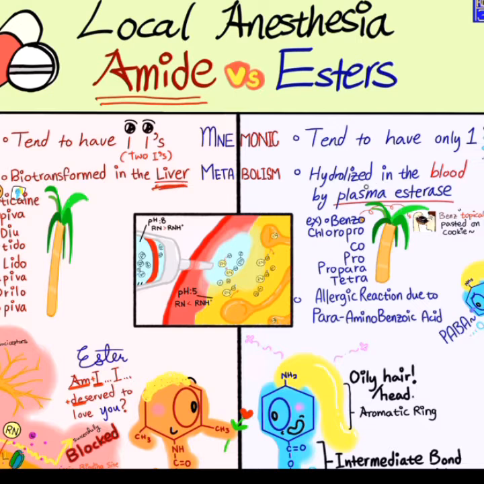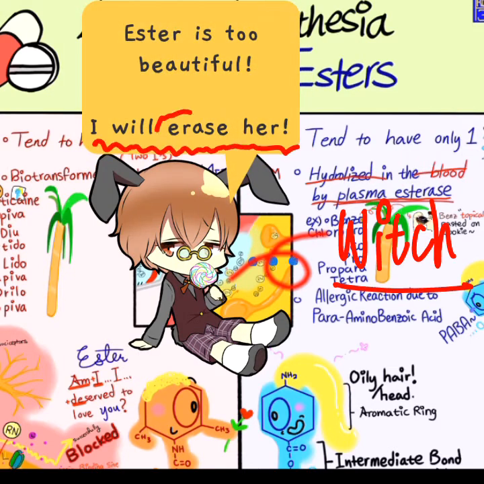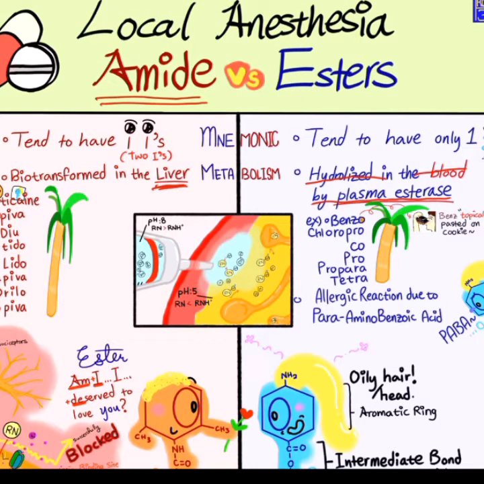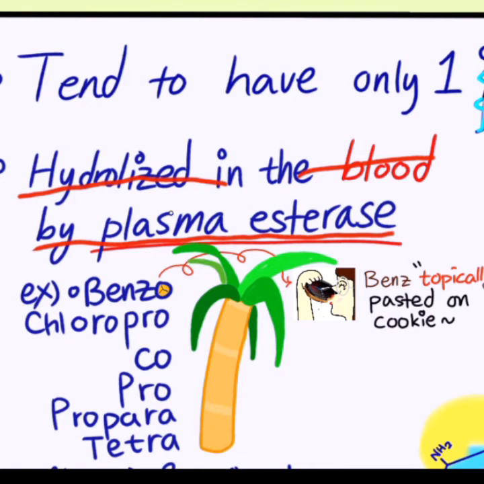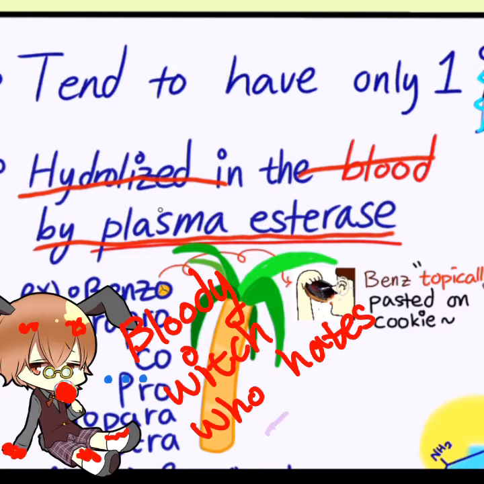While ester is hydrolyzed in the blood by plasma esterase, right? As you know, there is always an enemy for a beautiful princess, like a rich, ugly rich man who is always jealous, right? So the plasma esterase, the ugly one, is very bloody, so it is plasma, right?